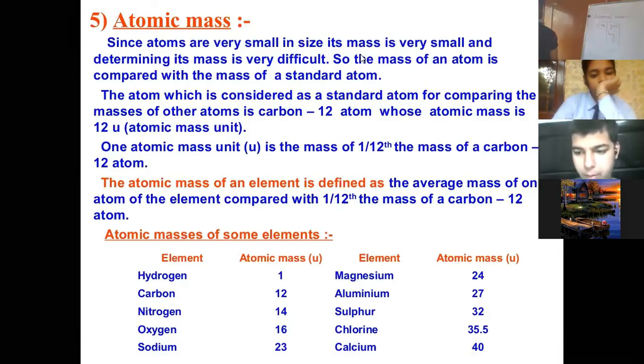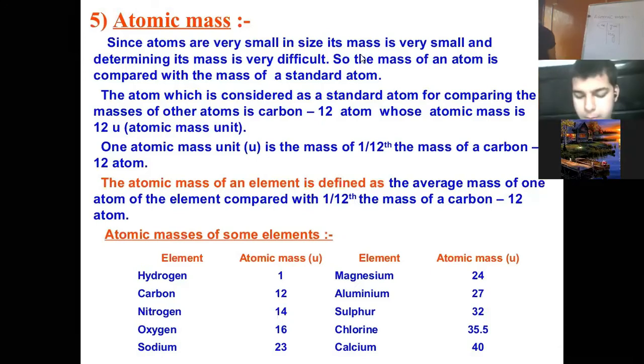So the mass of an atom is not the exact one, it is a relative atomic mass. It is not the actual mass, it is in comparison with another element, as given by IUPAC. For the comparison, we take one isotope of carbon, that is called C12.